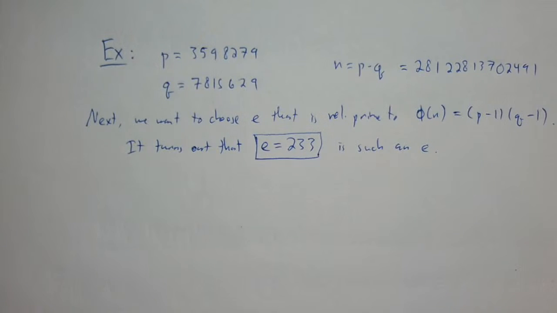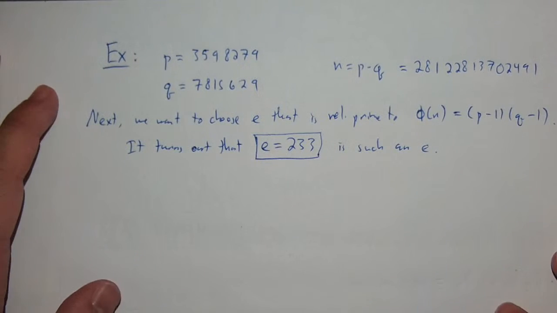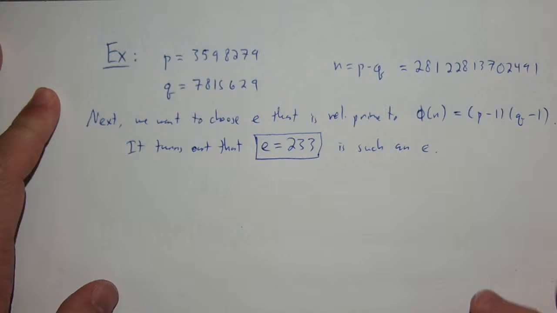The reason is that when the person encrypting does the exponentiation, the process will involve mostly squaring the number in question, so it's a bunch of squares and then some extra multiplications. We'll talk about that a bit later when I go through how you practically compute these things. So we'll say that E is 233.